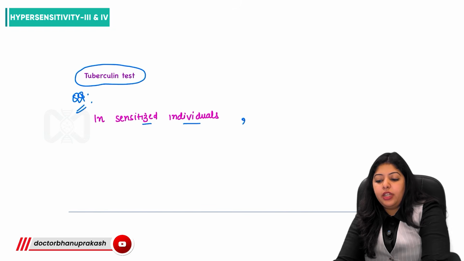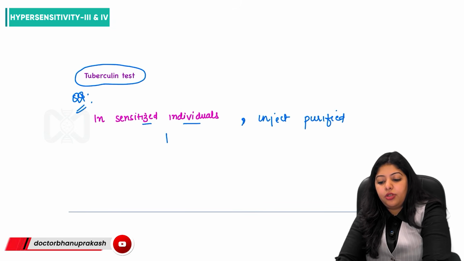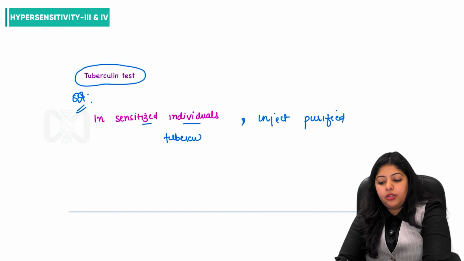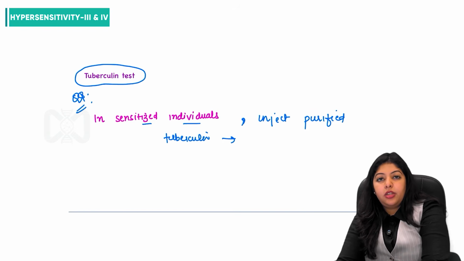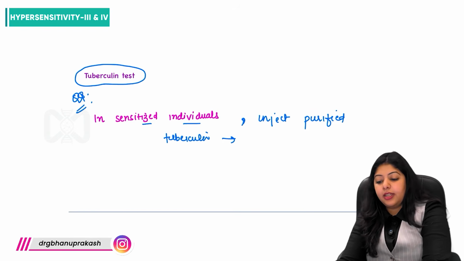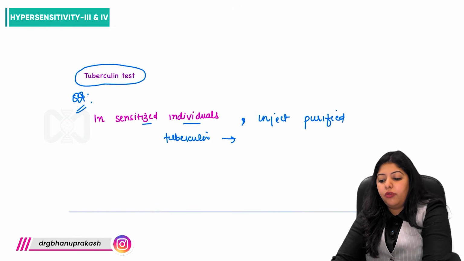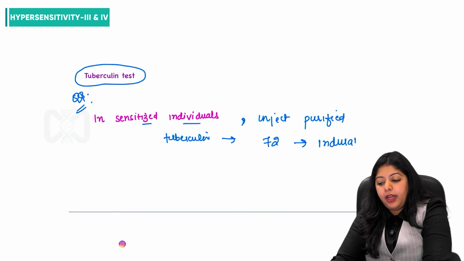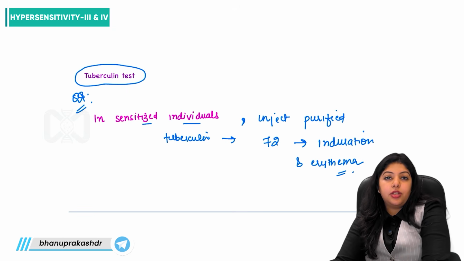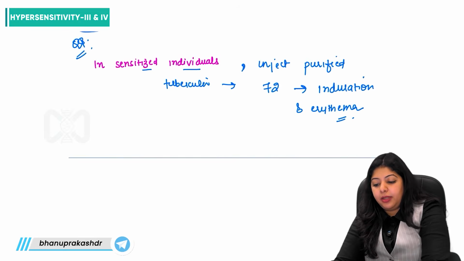So what we do is inject purified tuberculin antigen in certain sensitized individuals, and after 72 hours, we look for induration and erythema, and if that occurs, then the person is said to be hypersensitive to tubercle bacilli.